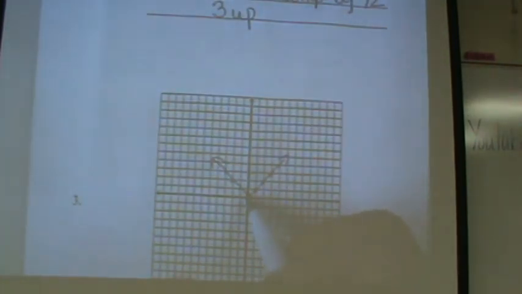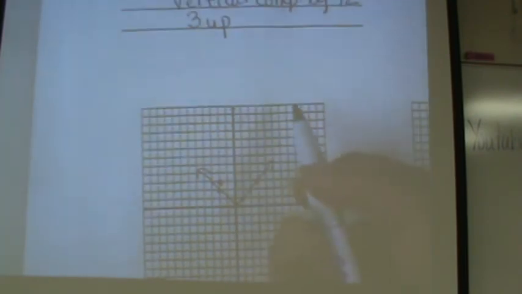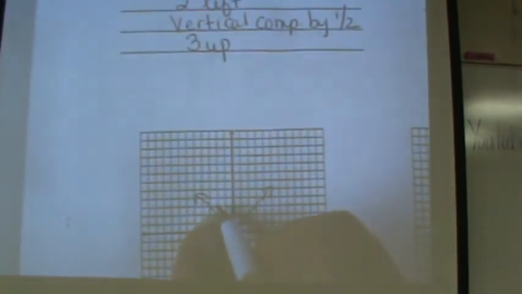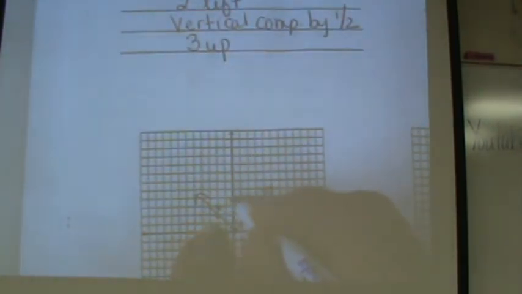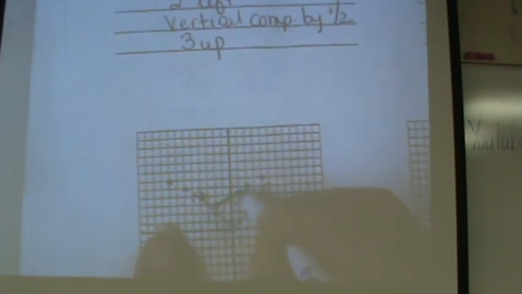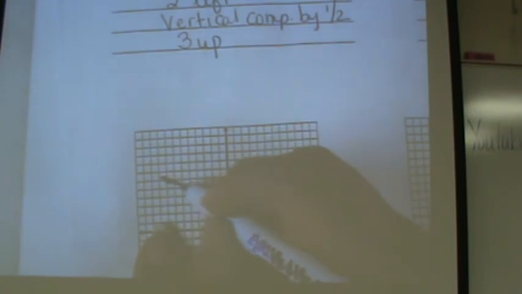So if you went 2 units left, 1, 2, and 3, 1, 2, 3 up. And now what's going to happen here, see this is 1/2. You're going to go up 1 and over 2. Up 1 and over 2. And you do the same going the other direction. Up 1, over 2. And that's the easiest way to graph these absolute value ones.